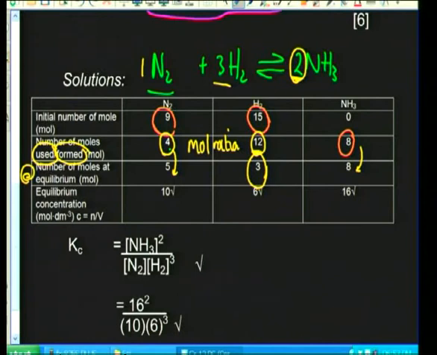Now the next idea is we need to calculate the concentration. So I have 5, but what is the concentration? This is number of moles, but concentration is measured in moles divided by cubic decimeters, divided by the volume that is in my container.